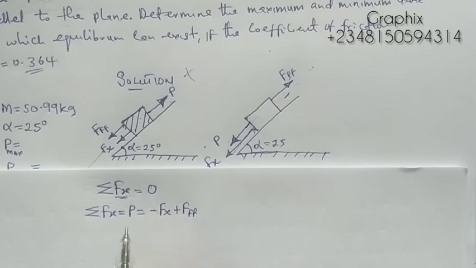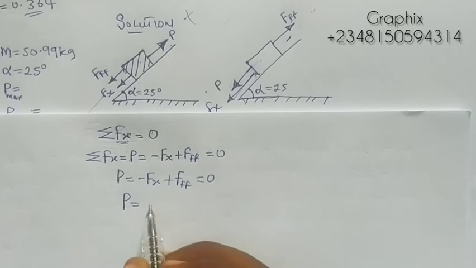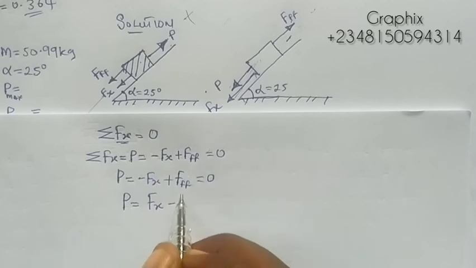Now from here, taking P equals 0, so minus Fx plus the frictional force Ff equals 0. When this comes here, P will be equal to Fx, and this becomes minus Ff, that's our frictional force.